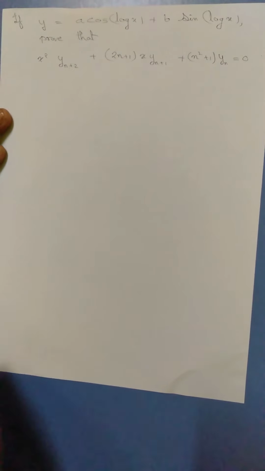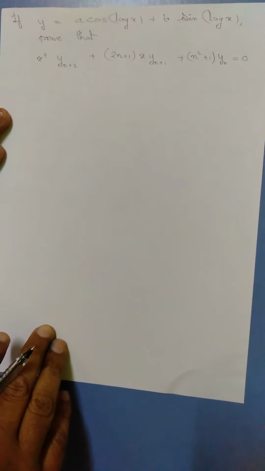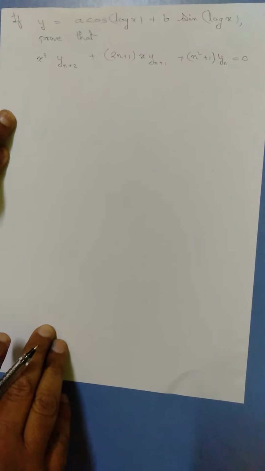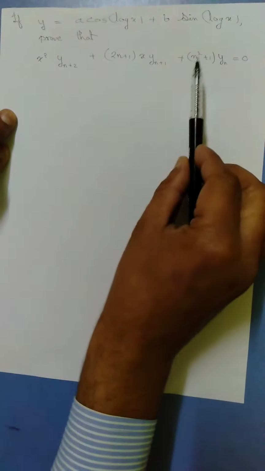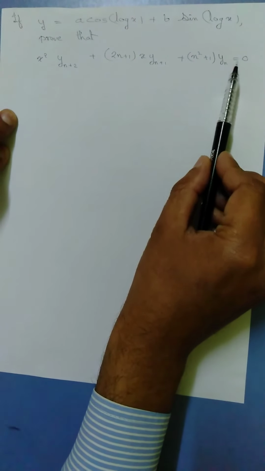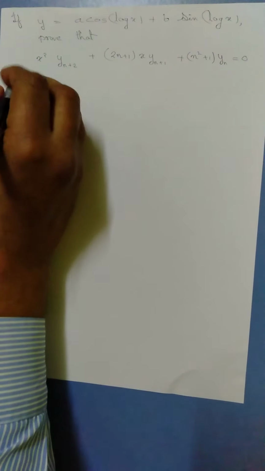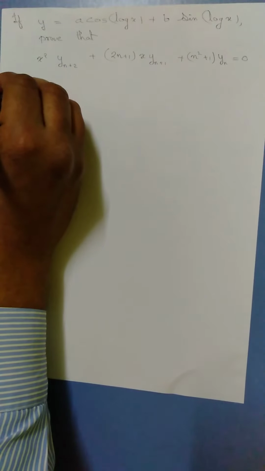So we have the question: if y equal to a cos log x plus b sine log x, then prove that x square into y n plus 2 plus 2n plus 1 x y n plus 1 plus n square plus 1 y n equal to 0. Proof.